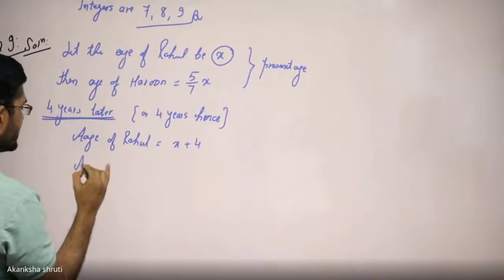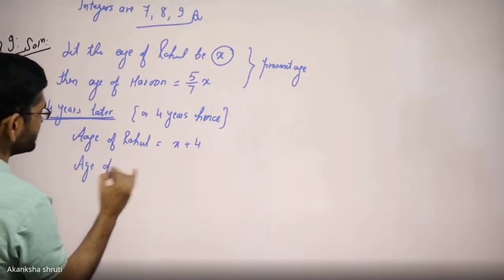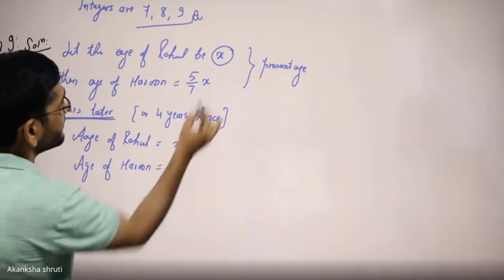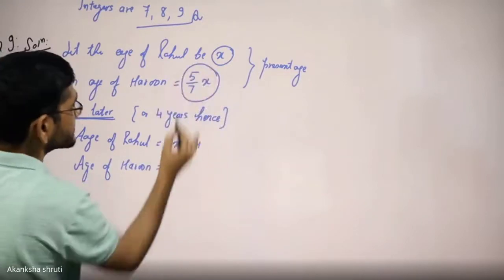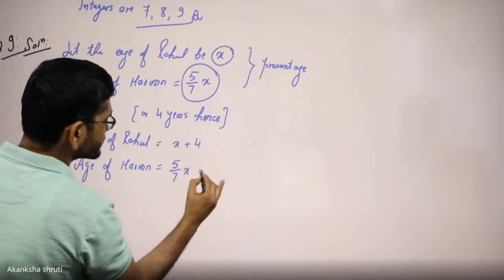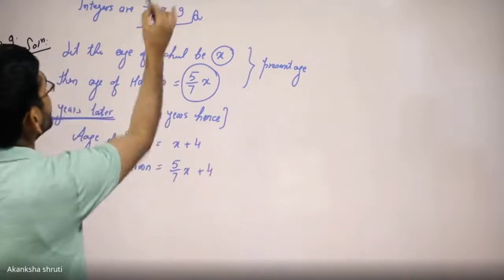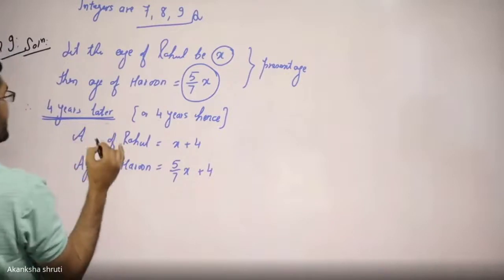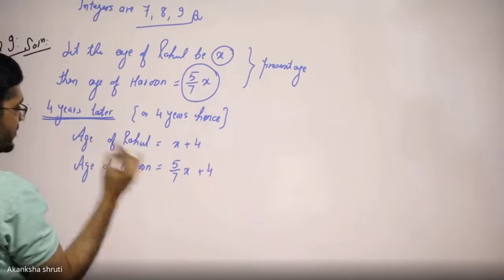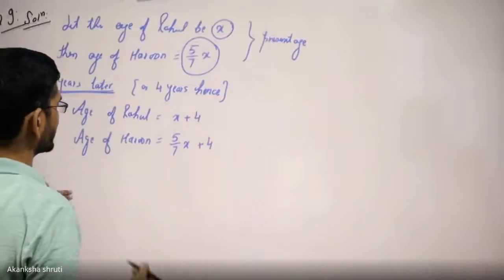But the age of Harun becomes 5/7x, and this will also get added with the 4. Both of them have added 4 for the age after 4 years.